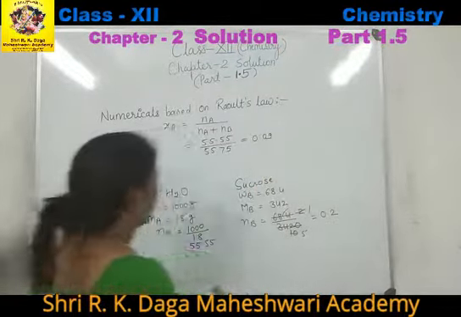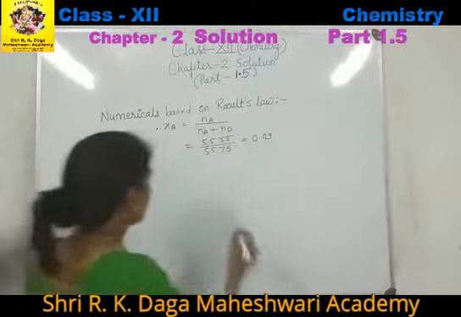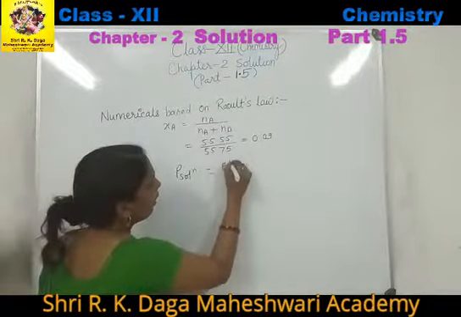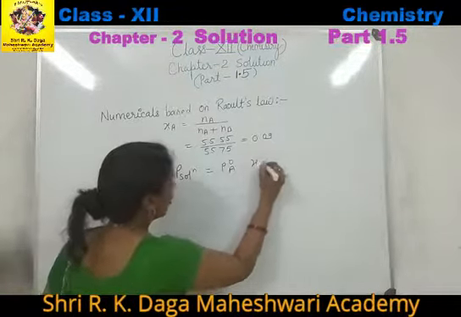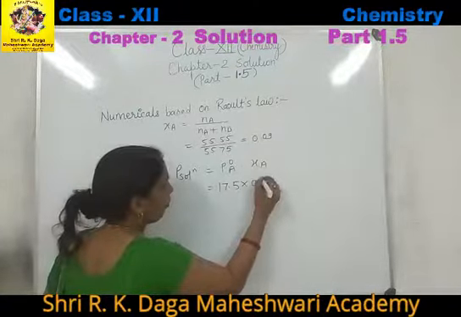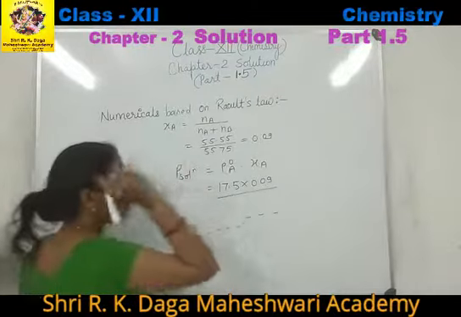We have the formula P solution equal to P naught A into XA. P naught is given here, that is 17.5, and XA is 0.99. By calculating it, we can calculate the vapor pressure of the solution.